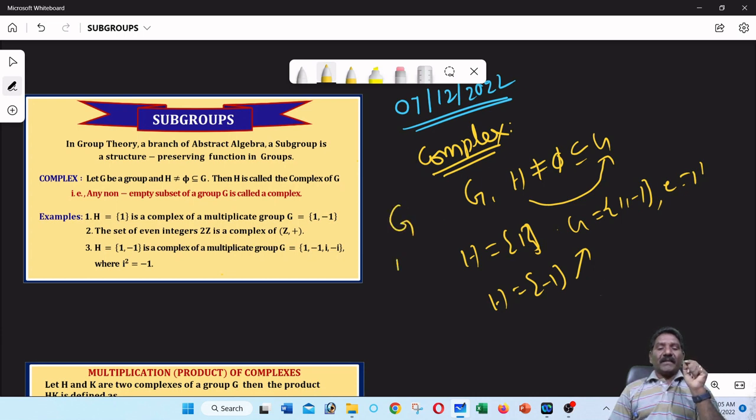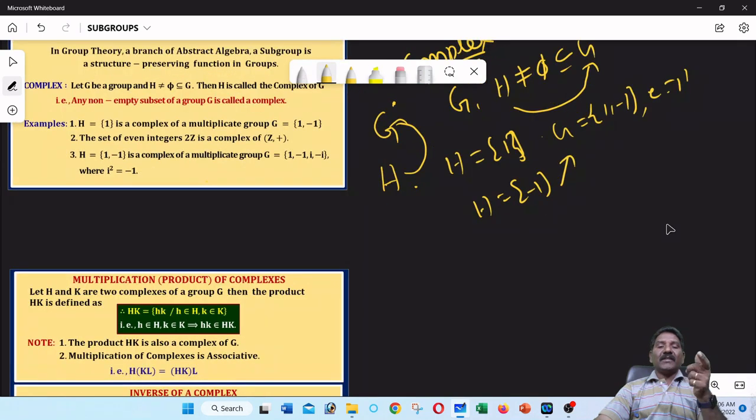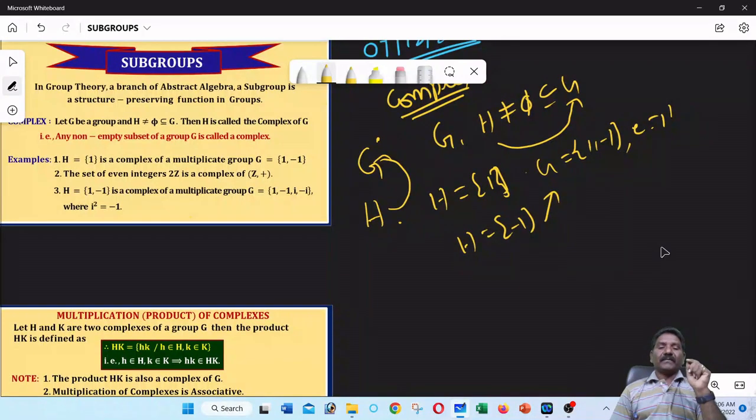For the complex H to be a subgroup, H must also be a group with the same operation that G has. Very important. So G is a group with respect to multiplication, then H is also a group with respect to multiplication. G is a group with respect to addition, then H is also a group with respect to addition.